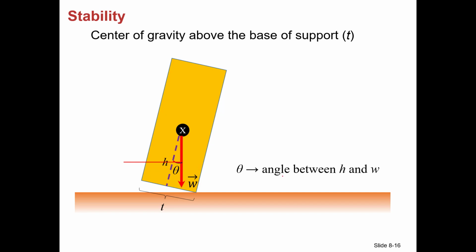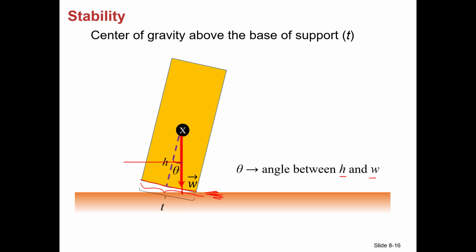Now again there is an angle theta between h and w, and this weight, which is vertically down, is still within, still inside, this base of support. You see, this is still inside the base of support. It's not outside. Up to this distance is the base of support, and this is outside the base of support.